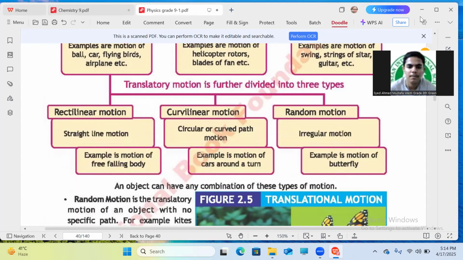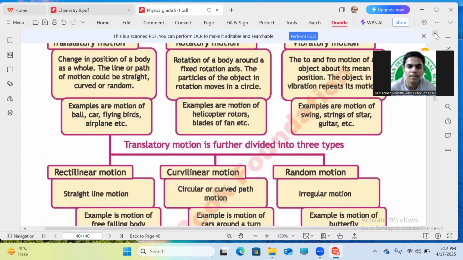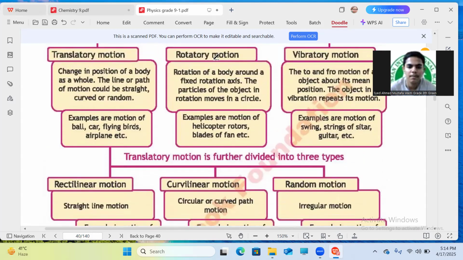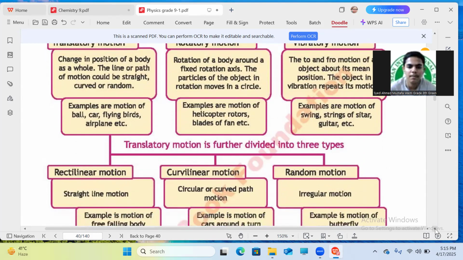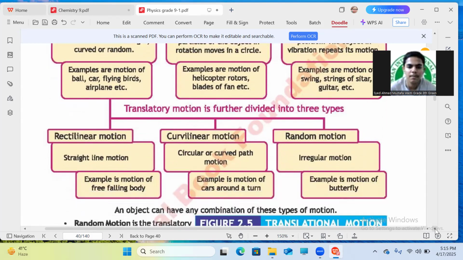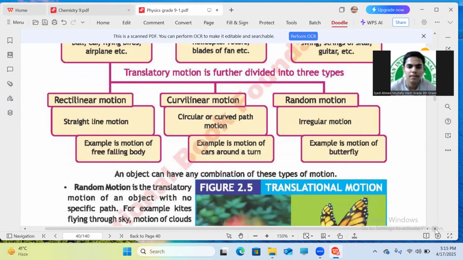As in our previous class, I also included examples of translatory, rotatory, and vibratory motion. Am I right? And for random motion, we give clouds, kite, and butterfly, and stone throw. Yes.